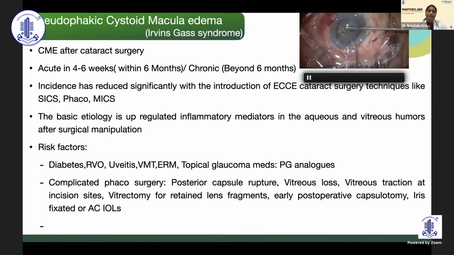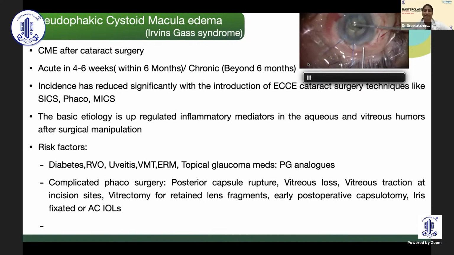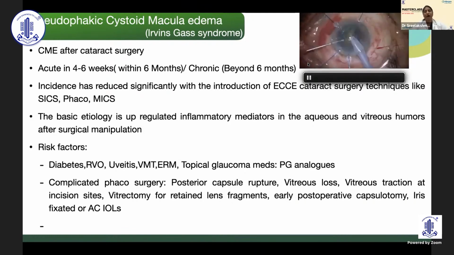In these cases, all the complications may happen: zonular dehiscence or posterior capsular rupture, and then vitreous loss. So instead of meddling like that, the best thing is to do a straightforward SICS, but the only thing was there was no nuclear drop, of course. All these things will lead to cystoid macular edema.